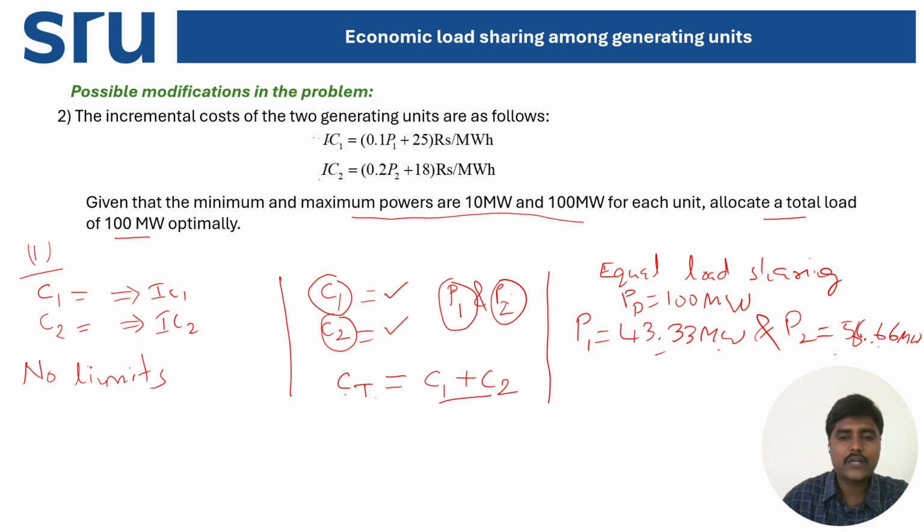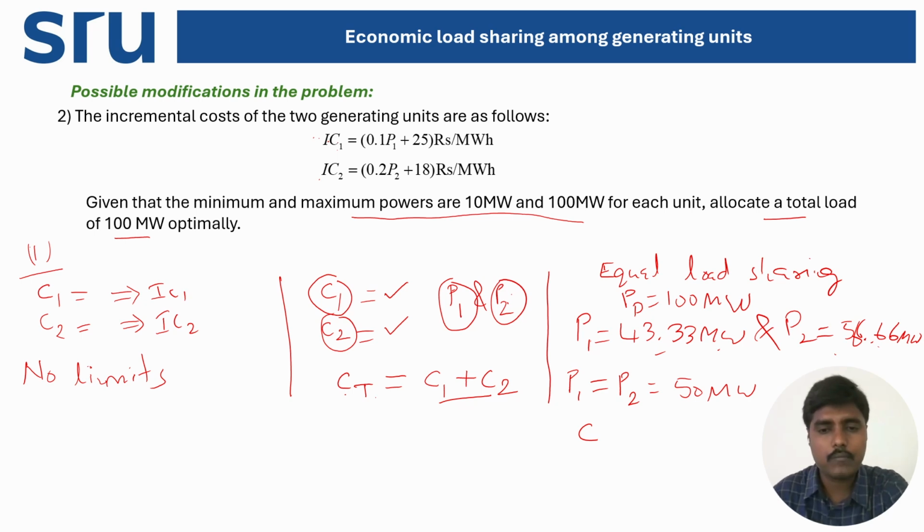Suppose instead of going for optimal allocation, we allocate the total load demand of 100 megawatt equally across 2 units, that means both P1 and P2 should be equal to 50 megawatt. Then what is the loss or profit with respect to cost? That question may be asked many times. Then how do we solve that problem?